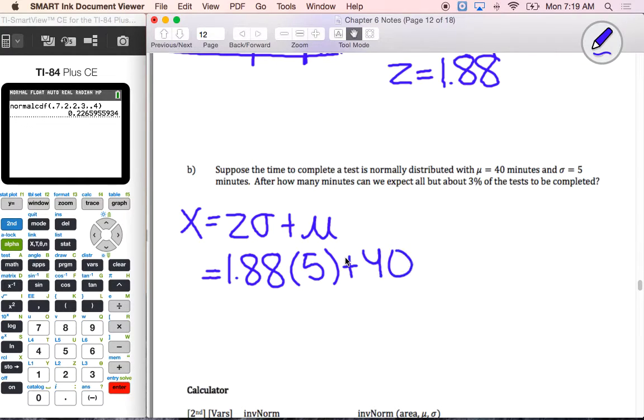They want to know after how many minutes can we expect all but 3% of the test to be completed. So if it's all but 3% of the test, we're saying 97% of the tests are done. So if we plug all this in, we've got 49.4 minutes. So we are saying after about 49 minutes, roughly 97% of the students should be done with their tests.